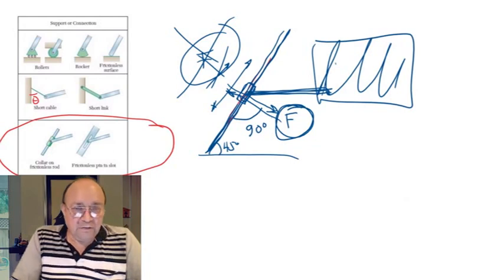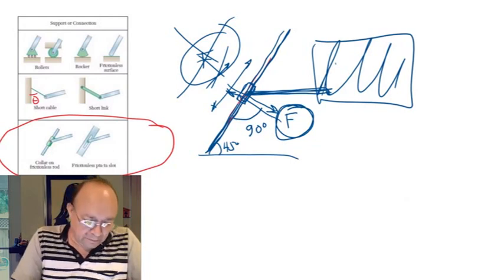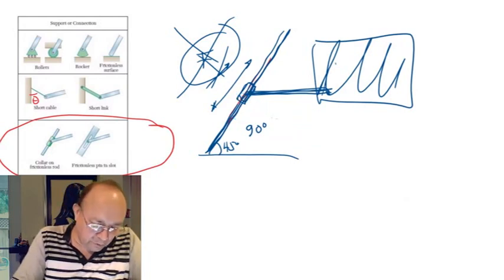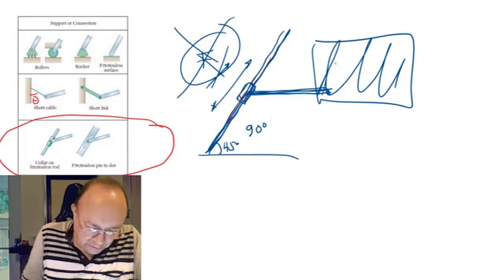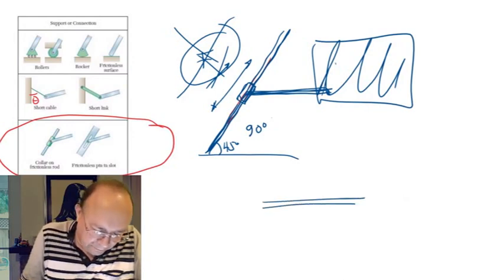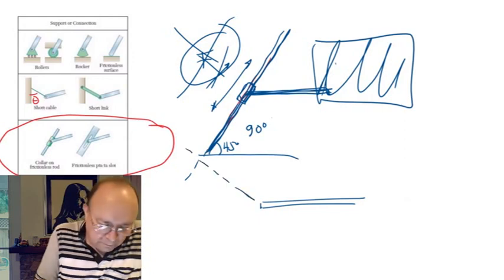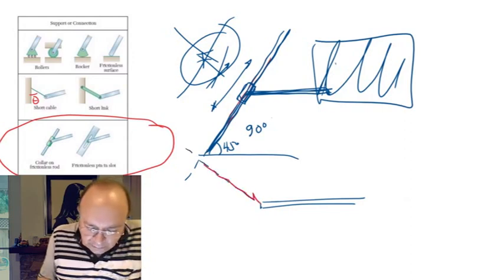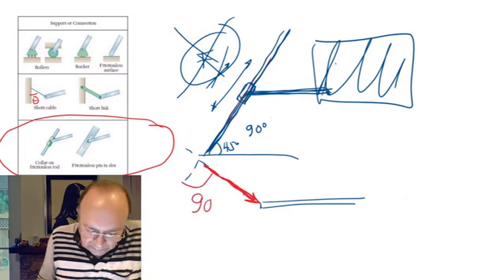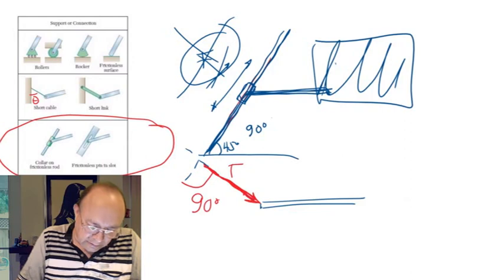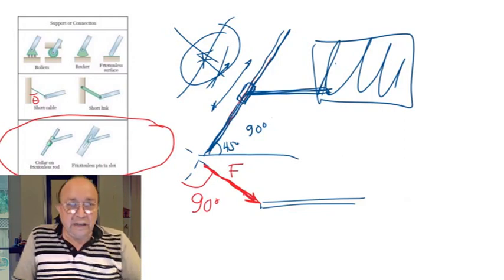The sense will be also unknown, but as I said before, if you don't know in what sense it is, say you have here the collar like this. So you remove the collar and you say here, there will be a force perpendicular to the rod, where this is 90 degrees, and the magnitude is unknown.